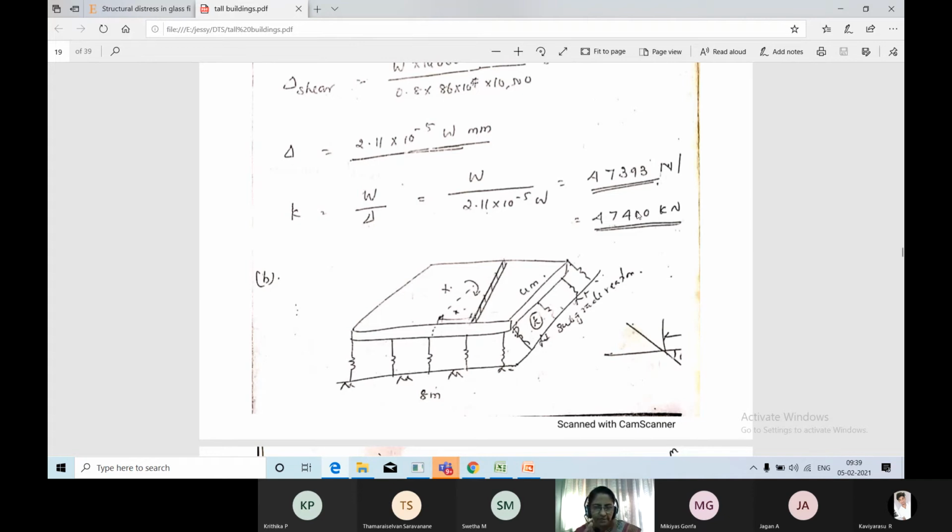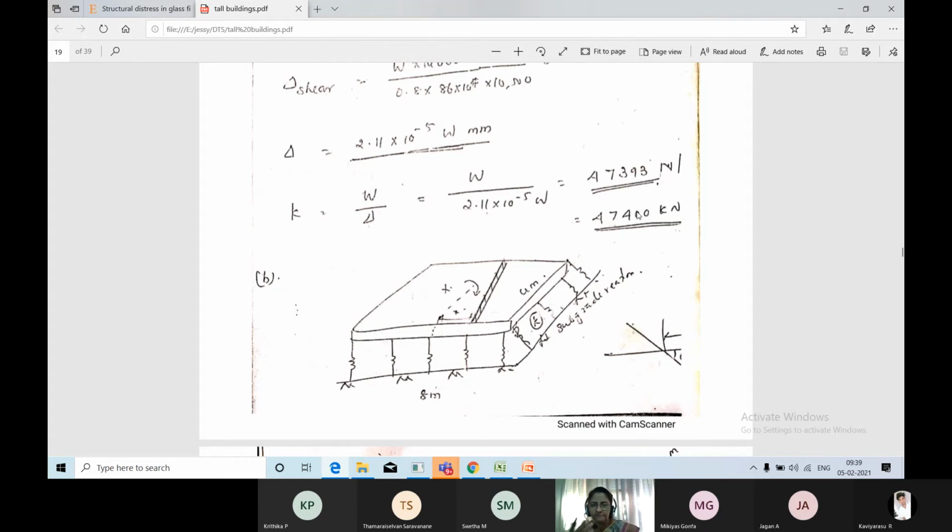At the same time, if you take flexible grass, what will happen? It will have more deflection, but it will sustain there. It will not fail, isn't it? Can you visualize that? Similarly, if the wall is very rigid, it may not have deflection, but it will attract failure.